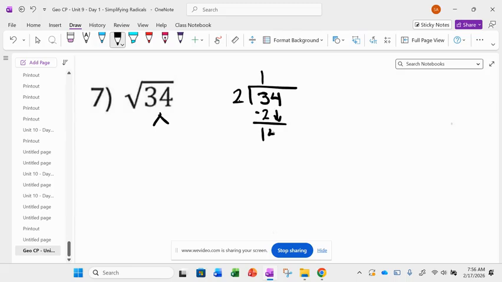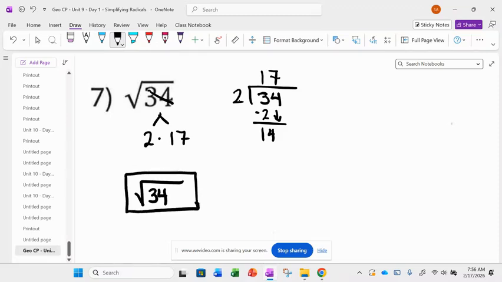Subtract. 2 goes into 14 7 times. So that's going to break 34 into 2 times 17. Am I able to break it down any more, this 2 or the 17? No, they're both prime. So that means root 34 is simplified. There's no number times itself that gives us root 34. It's as simplified as it gets. Can't do anything about this.